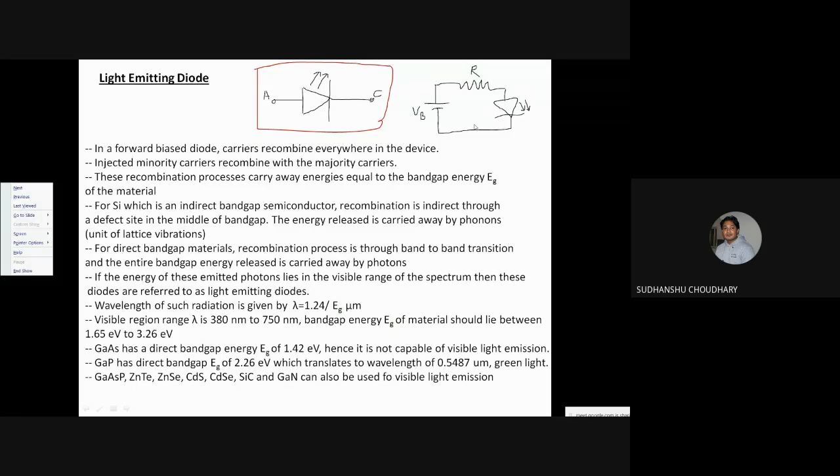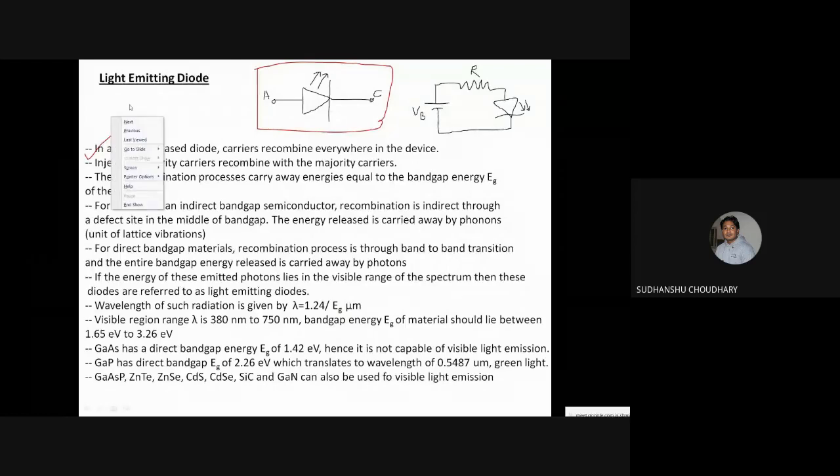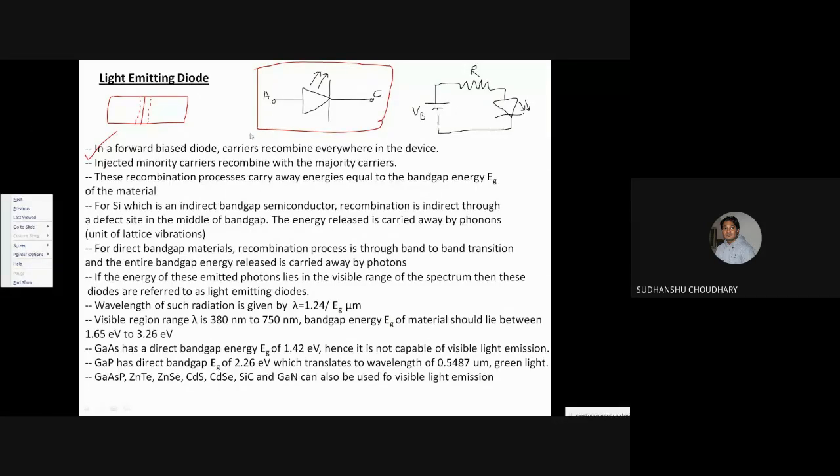We had earlier studied that in a forward bias diode, the carriers recombine everywhere in the device, since in a forward bias diode, diffusion will be dominant.